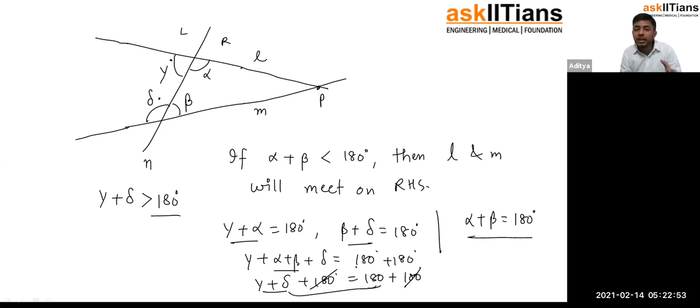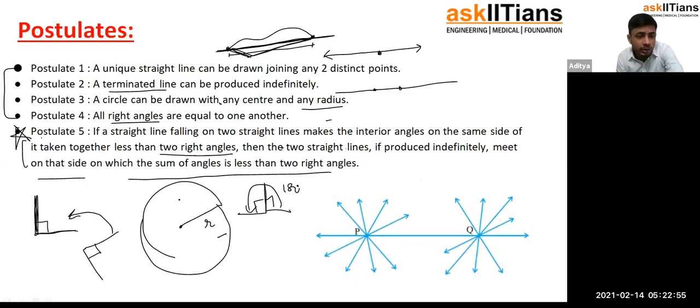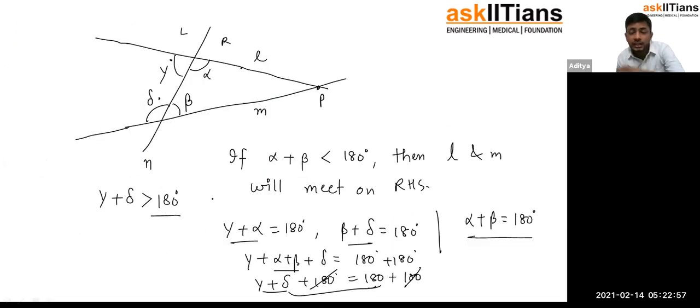So what will happen in that case? Postulate 5 tells us that the lines will meet on that side of the transversal, or the third line, where the sum of interior angles is less than 180 degrees. But in this case, neither side satisfies that. On this side the sum of interior angles is equal to 180 degrees, not less than 180 degrees, and on the other side also it is equal to 180 degrees.